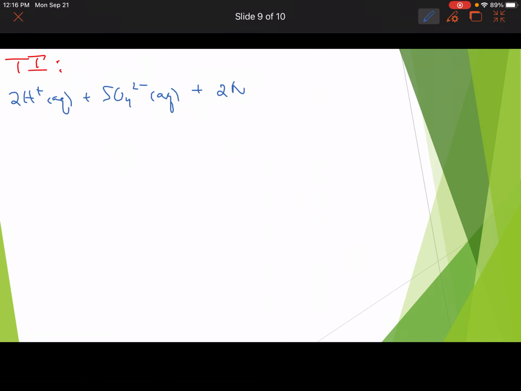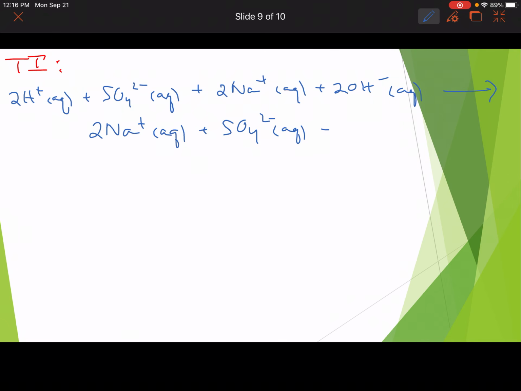So 2Na plus aqueous plus 2OH minus aqueous. Draw my bracket, and I am left with 2Na plus aqueous plus SO4 2 minus aqueous plus, and then lastly H2O, and I write that as a liquid. So that is my total ionic equation here.